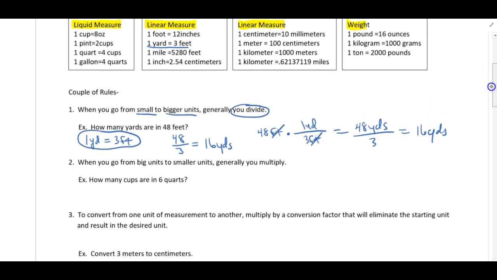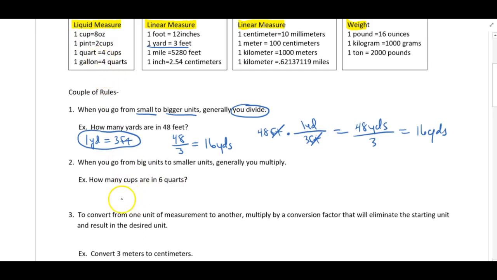Now, the next one, when you go from bigger units, meaning a quart is bigger than a cup. So when we go from bigger units to smaller units, we generally multiply. So if I go up to the conversion chart here, right, I'm looking how many cups are in 6 quarts.